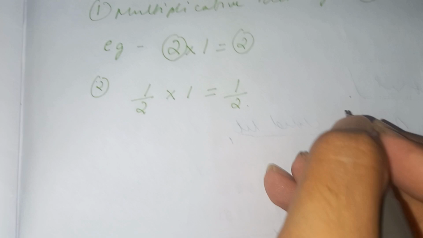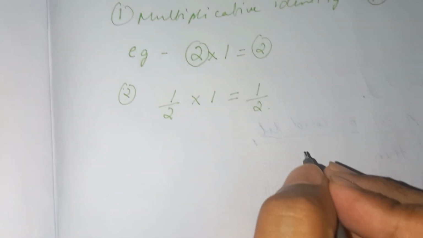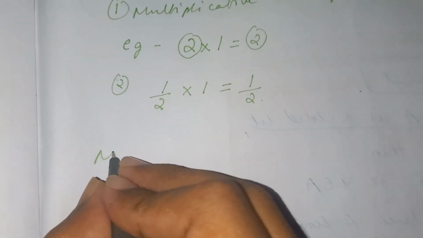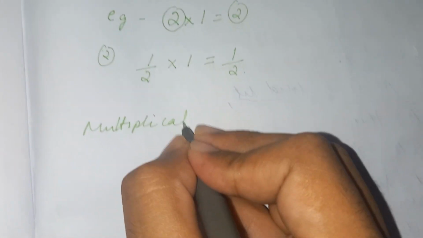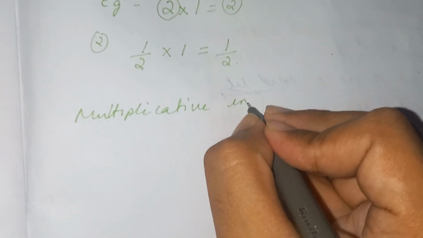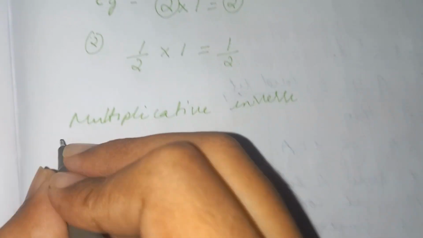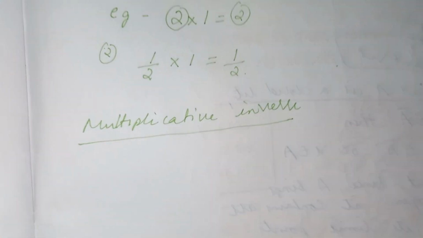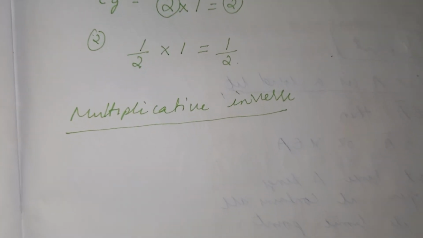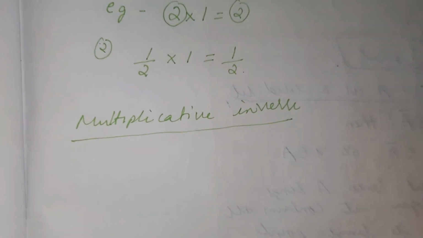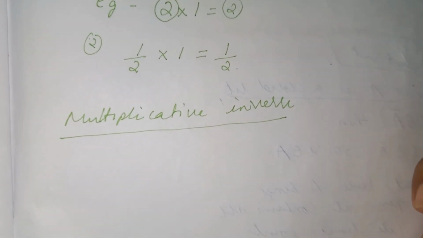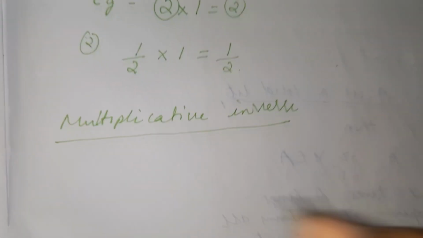So now we'll be moving on to the next topic, which is multiplicative inverse. It is just like additive inverse, but first we'll have to learn about the reciprocal. We can say multiplicative inverse as reciprocal too.